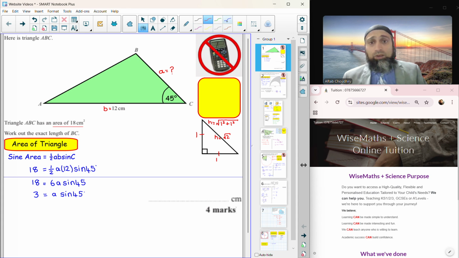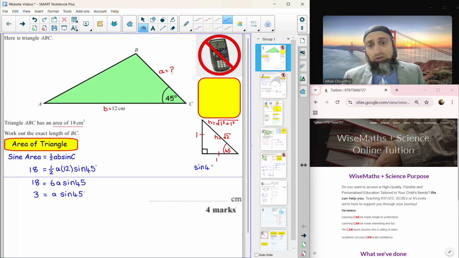Now if we're looking for sine 45 degrees, because these two lengths are the same, if that's 90 degrees, therefore this angle over here must be 45 degrees. Then I'm going to write down sine 45.